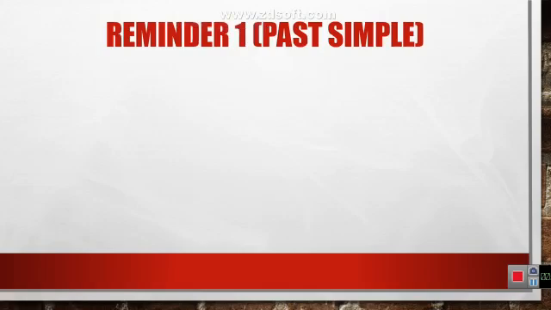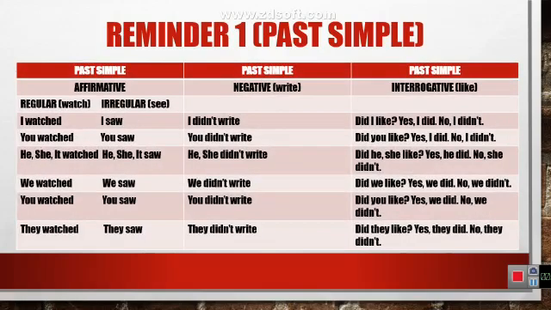Now let's remember the 3 forms of the past simple. You can see a table with 3 columns: past simple affirmative, past simple negative, and past simple interrogative. To conjugate a verb in the past simple affirmative, you need to remember that there are regular and irregular verbs.